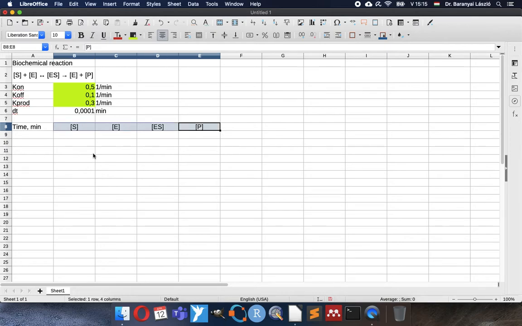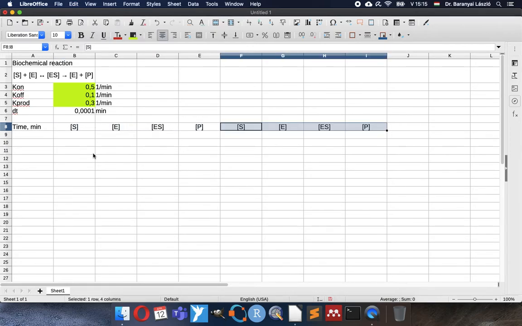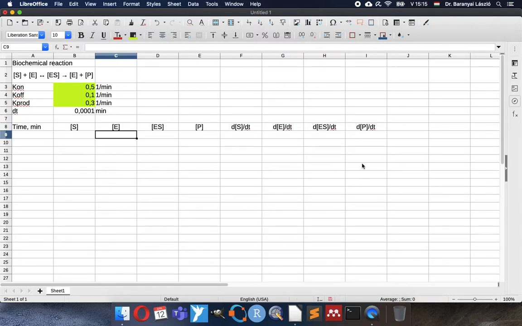Okay, and after that I will modify them to make the headline for the changes, because we will make the calculation that after the initial values are given, we will calculate how the values are changing, and each time the next row will be calculated from the previous plus the change.